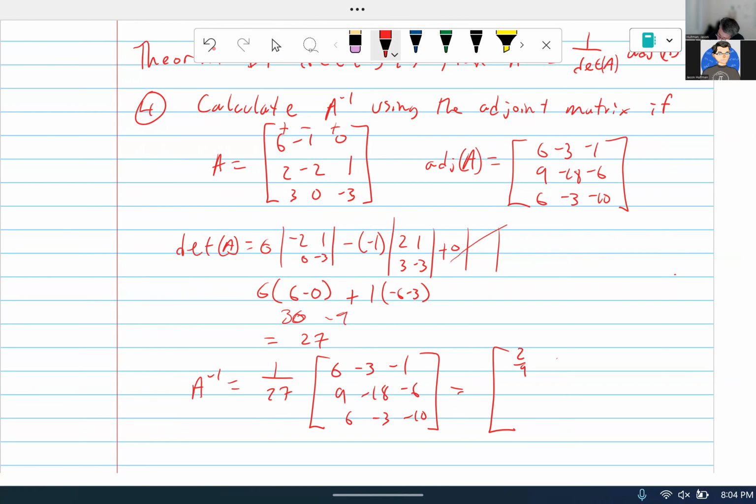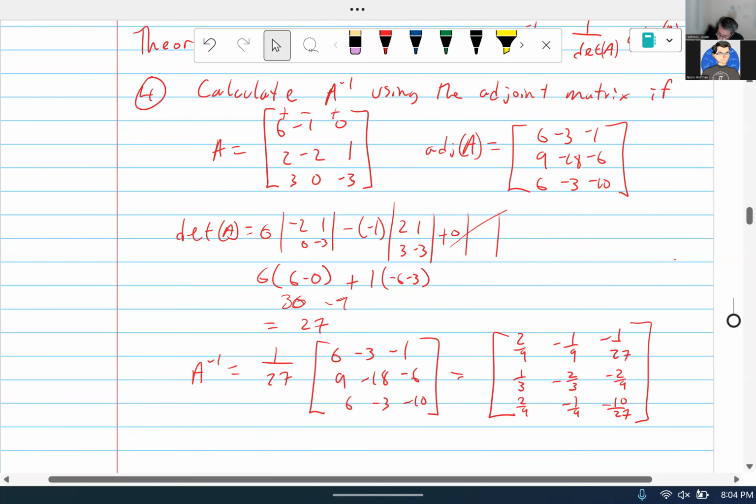The next one is negative 1/9, then negative 1/27, then 1/3, negative 2/3, negative 2/9, 2/9, negative 1/9, and negative 10/27. So that's how we get A inverse.